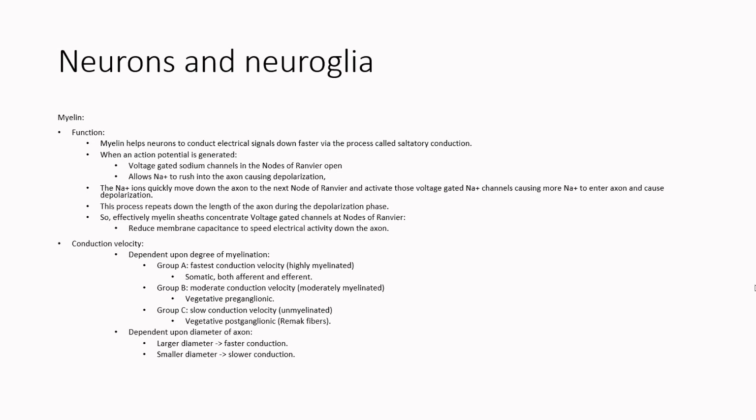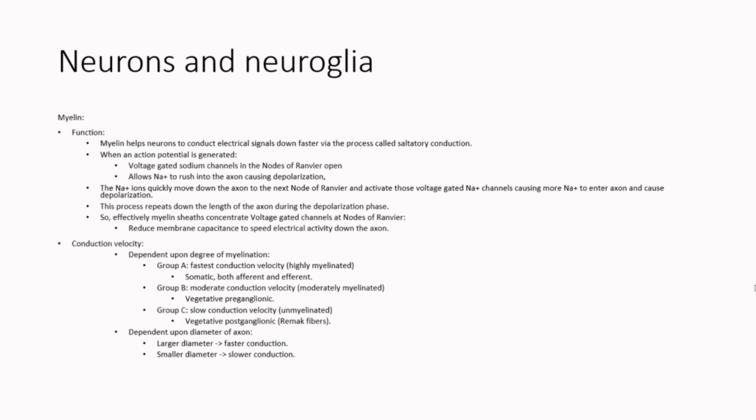Then we have the conduction velocity. We can classify axons based on their myelination and their target organs, or we can classify them based on their diameter and their transmission speed. If we classify them based on myelination and target organ, we have three groups, and conduction velocity will be based on the degree of myelination or the diameter of the axon.